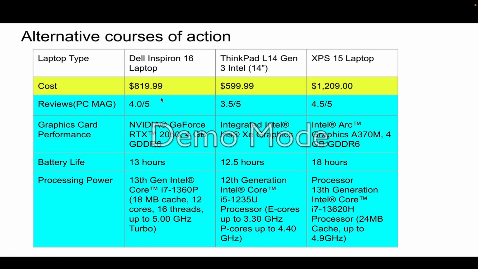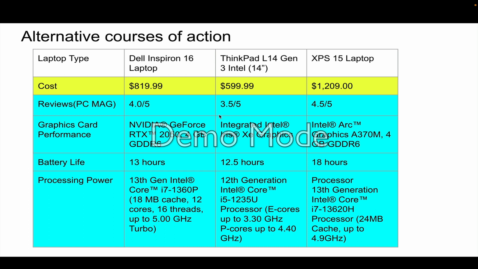So I then took the costs of the three computers I'm considering, and I wrote those down here in this chart, as well as some of the information that I sourced for my attributes. So this is all of the reviews and graphics card information for all of these things, and this is the actual data for the reviews.